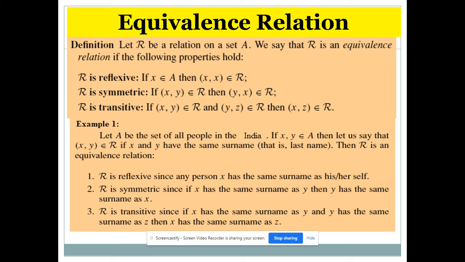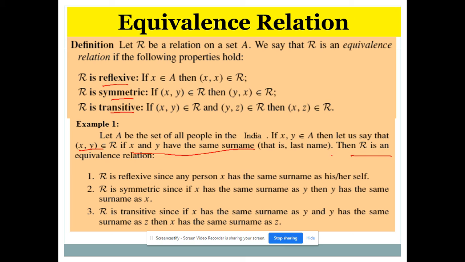We say that a relation R on a set A is an equivalence relation if it is reflexive, symmetric, and transitive. This equivalence relation plays an important role in combinatorial study, as it gives you the partitions of a set due to an equivalence relation. So this is an example of an equivalence relation: if we have a set of people in India, and x, y belong to A, then let us say (x, y) belongs to R if x and y have the same surname.